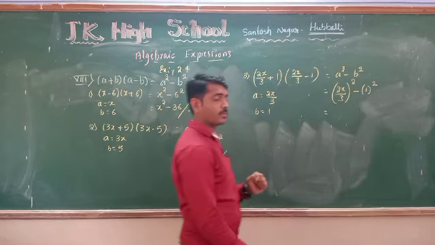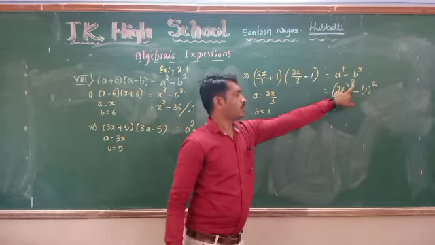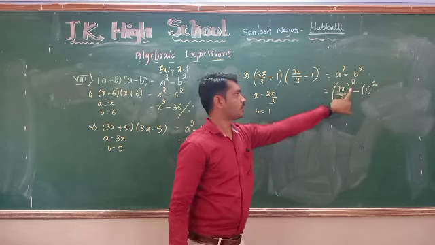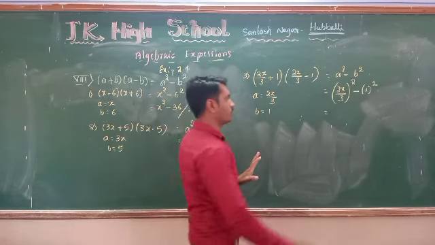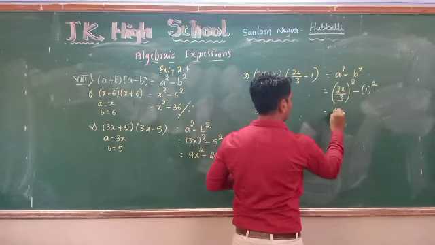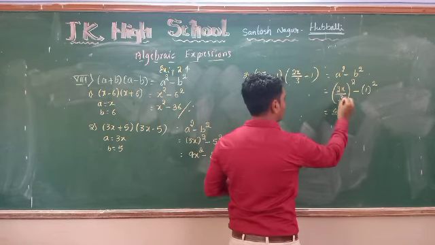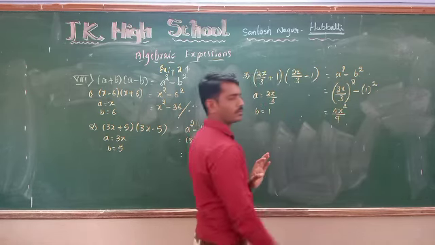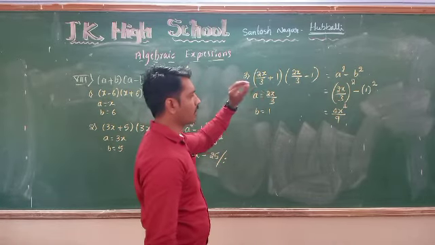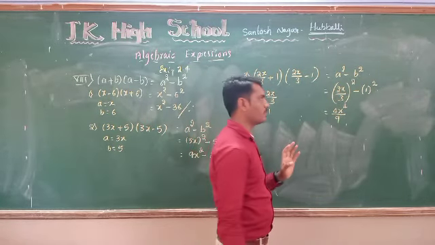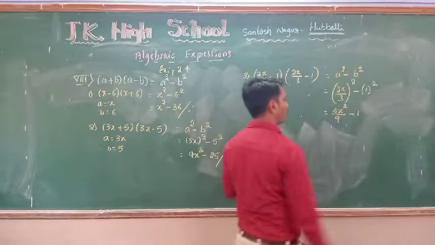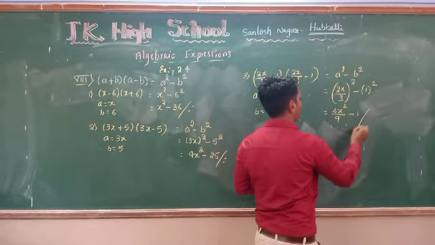What is the next step? Square to the numerator, square to the denominator. First, 2 twos are 4x square. 3 threes are 9. Means the power will come to the numerator as well as the denominator. Later on, 1 square is nothing but 1. So this is your final answer.